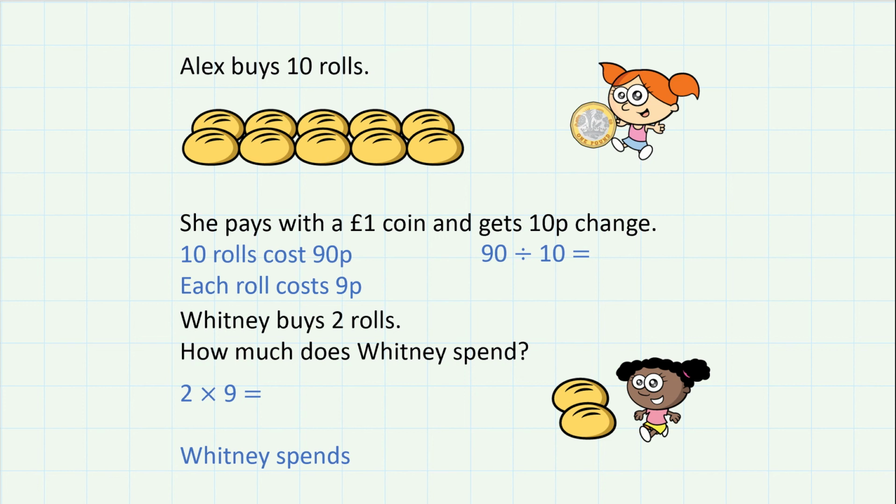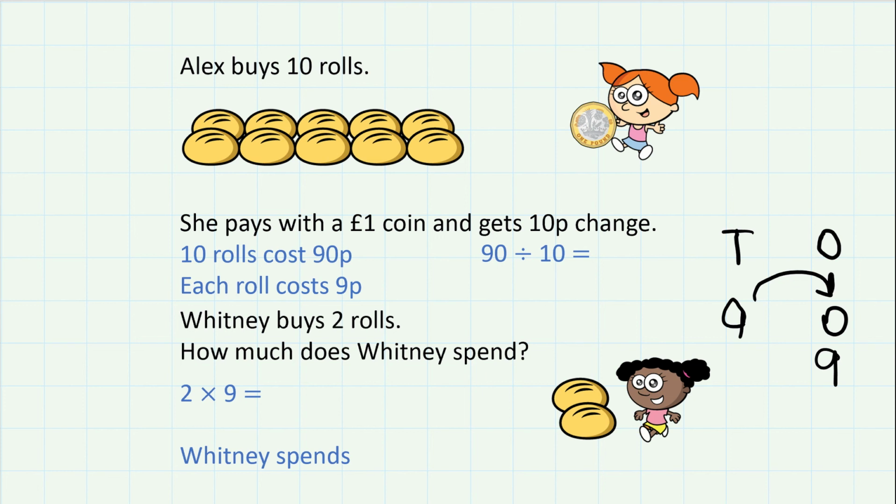So let me just draw our 10s and 1s. If we had 90, move it 1 space along, that makes it 9. So that's why each roll costs 9p.